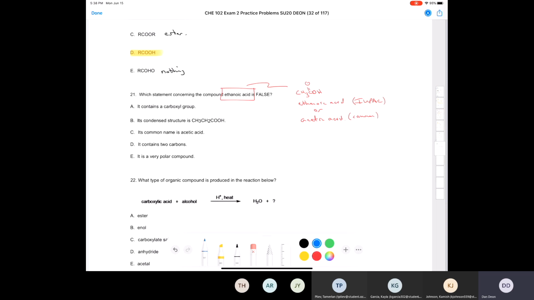Okay, so it contains a carboxyl group. That seems reasonable because a carboxyl group is this, the carboxylic acid group. So that's correct. Its condensed formula is CH3CH2COOH. What do you think of that? Does that seem reasonable? Yes or no?